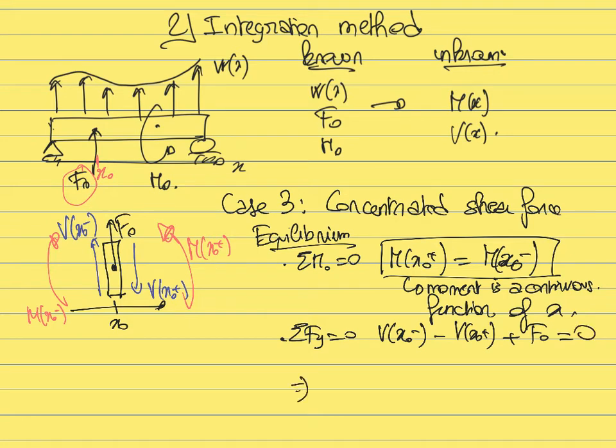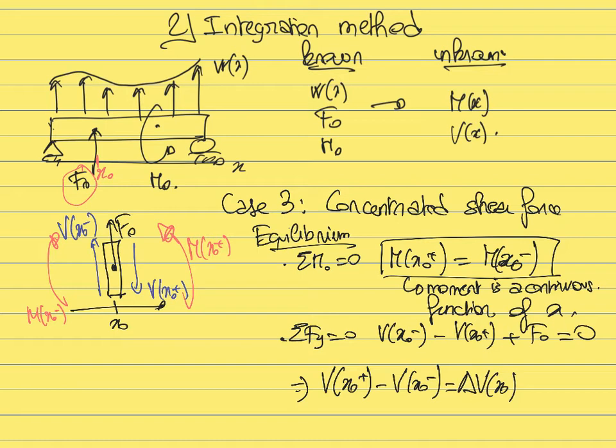So what we find now is that if I write the difference between the internal shear on the right minus the internal shear on the left, this is the quantity that I'm going to write delta V at x naught.